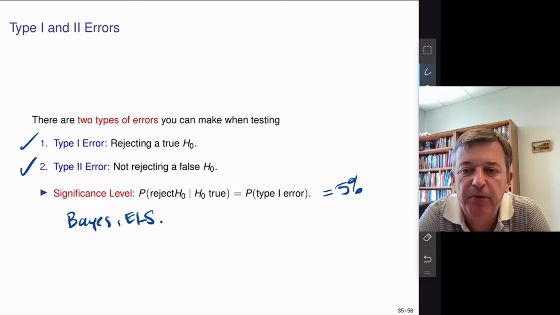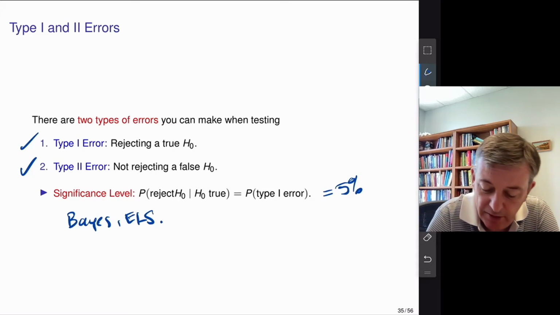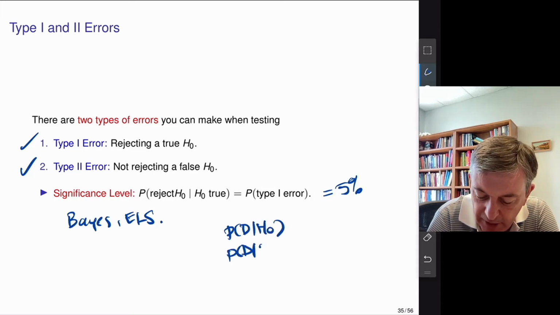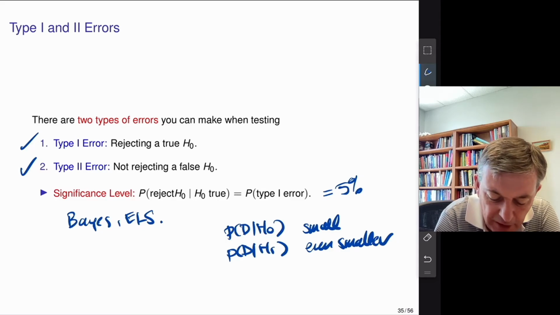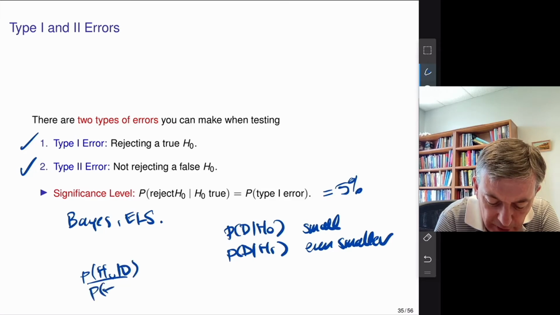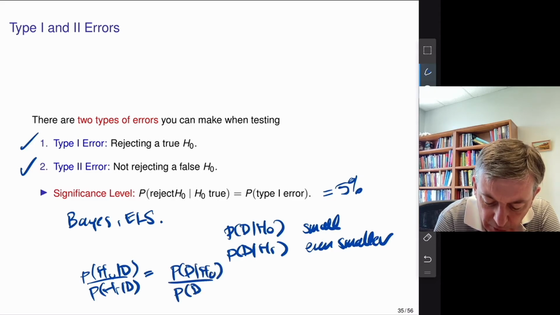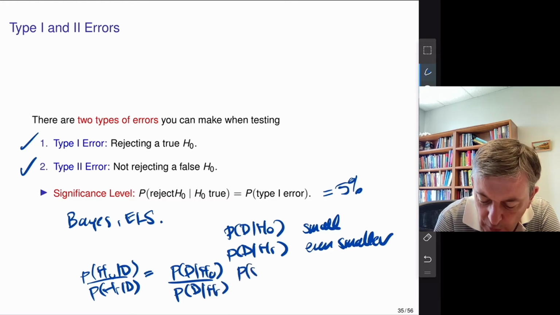And just a very simple example, I could have two hypotheses, H0 and H1, and my observed data. So I could look at what's the likelihood of my data given H0, what's my likelihood of my data given H1. This could be small, and this could be even smaller. And so if I think about Bayes' rule, P of H0 given D over P of H1 given D is essentially this likelihood ratio, sometimes called a Bayes factor, weighted by my prior odds of the two hypotheses to be true.